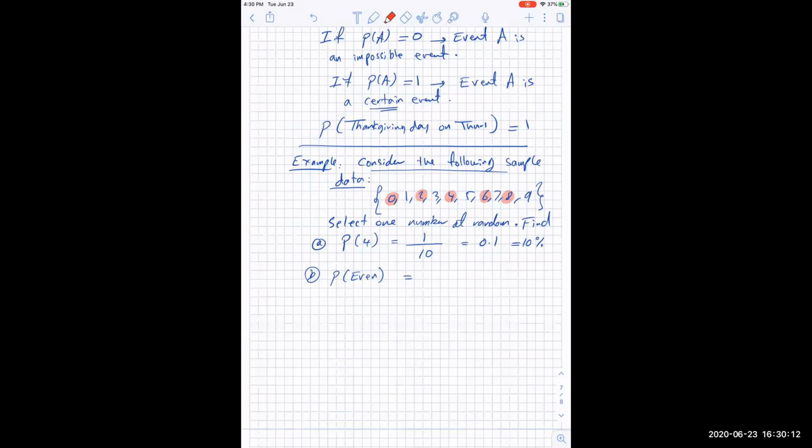So how do I find the probability of selecting an even number? Since I have 5 even numbers out of 10, that's 0.5 or 50% chance.